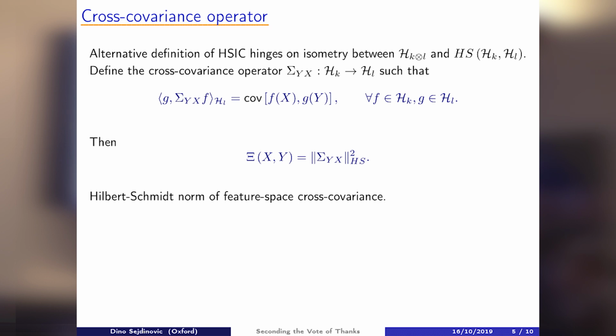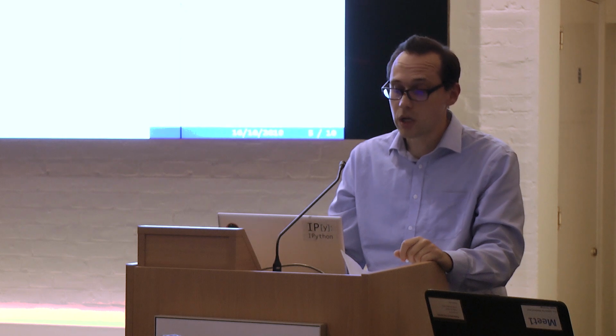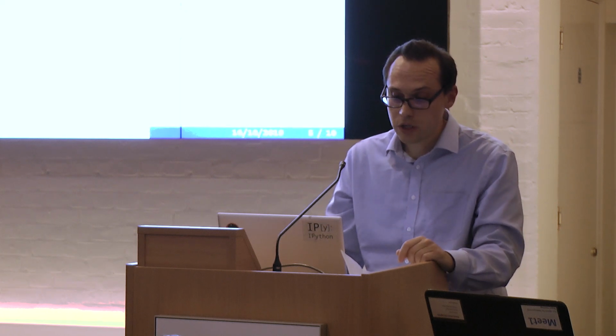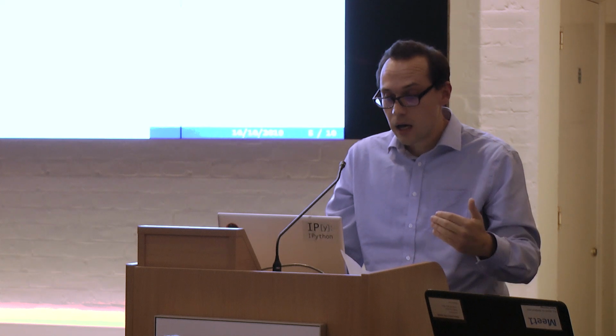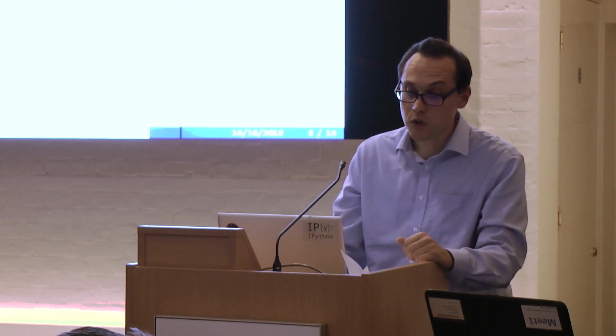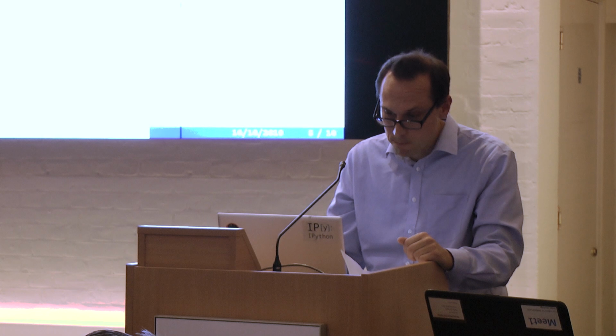So if we define the cross-covariance operator Σ_yx that maps from the RKHS H_K to the RKHS H_L, such that the inner product <g, Σ_yx f> actually uncovers the covariance between f(x) and g(y), where f and g are any two RKHS functions, then distance covariance, or this notion of HSIC, just corresponds to the Hilbert-Schmidt norm of the feature space cross-covariance.